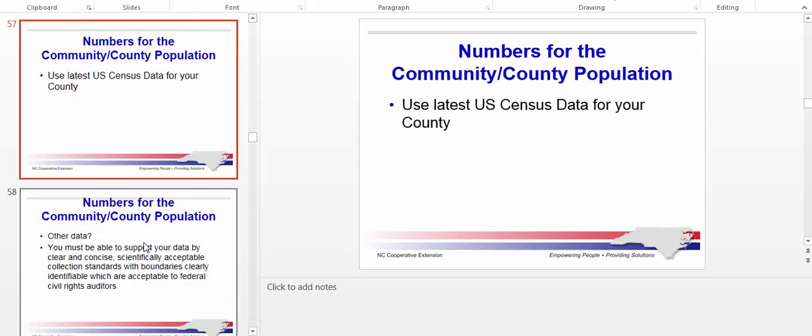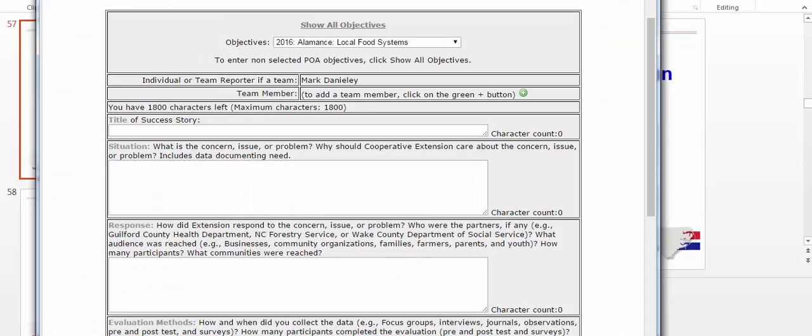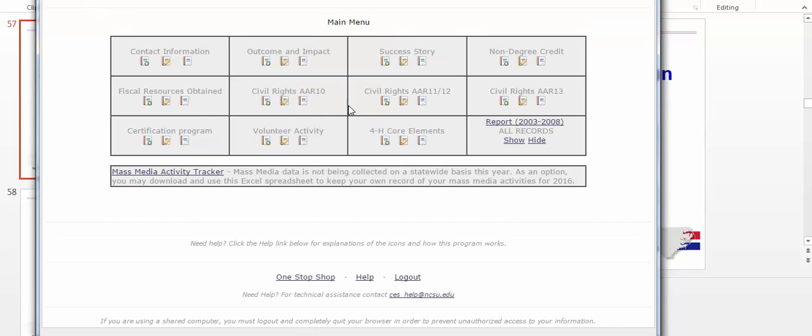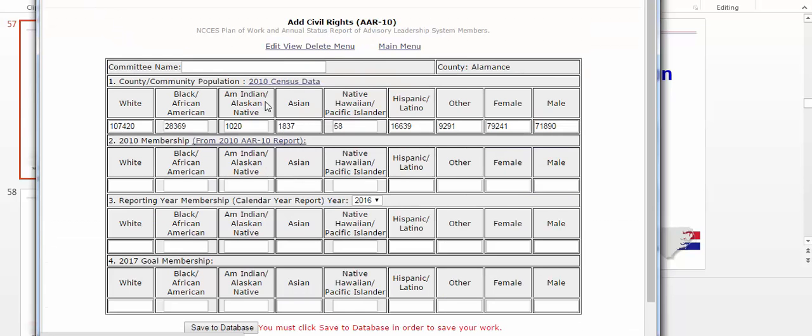To get the numbers for the community or county population, we use the latest U.S. Census data for the county. This is the census data for this particular county, broken out by gender and race.